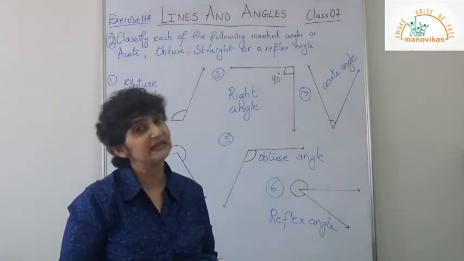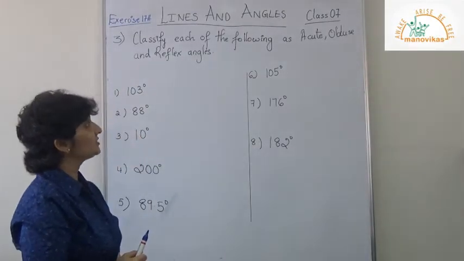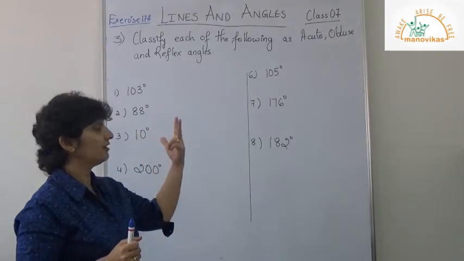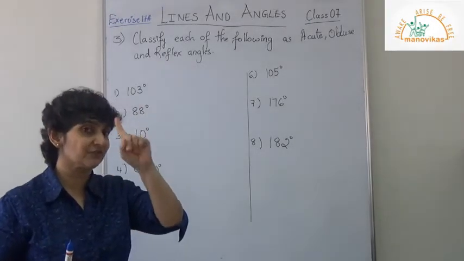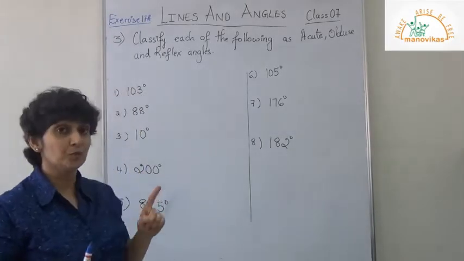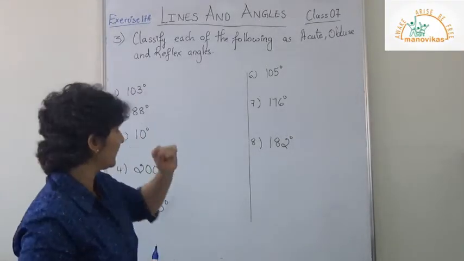Let's move on to question 3. Okay, let's read your question, children. Classify each of the following as acute, obtuse and reflex angle. Let's revise the definition. Acute, less than 90 degrees. Obtuse, more than 90 but less than 180.